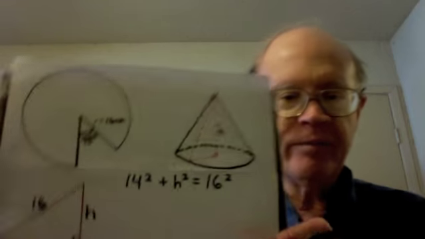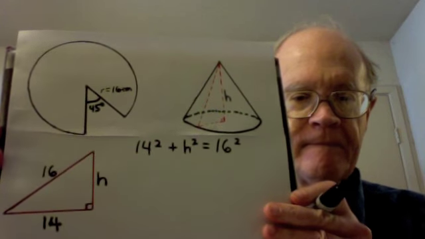We use the Pythagorean equation to find the value of h. I write 14 squared plus h squared equals 16 squared. 14 squared is 196. We have that plus h squared equals 16 squared, which is 256.